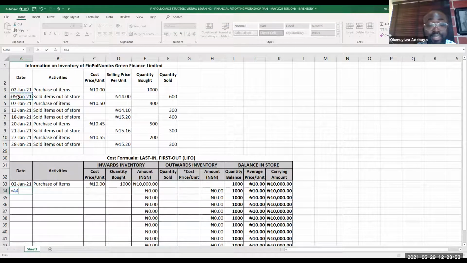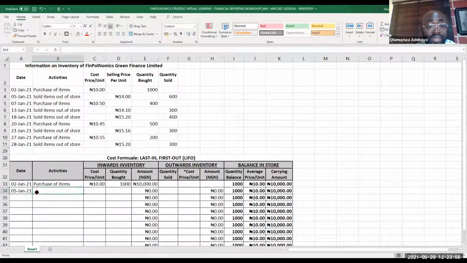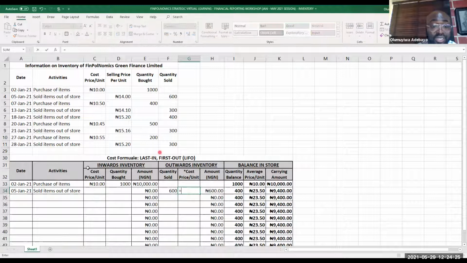On this date, we issue item out of store because we sold the item. Okay, the quantity sold was 600, which will be issued out of store. At what price? Now there seems not to be a problem here because the only item we have here is this 1,000 units, and therefore we'll pick this price of 10 naira.